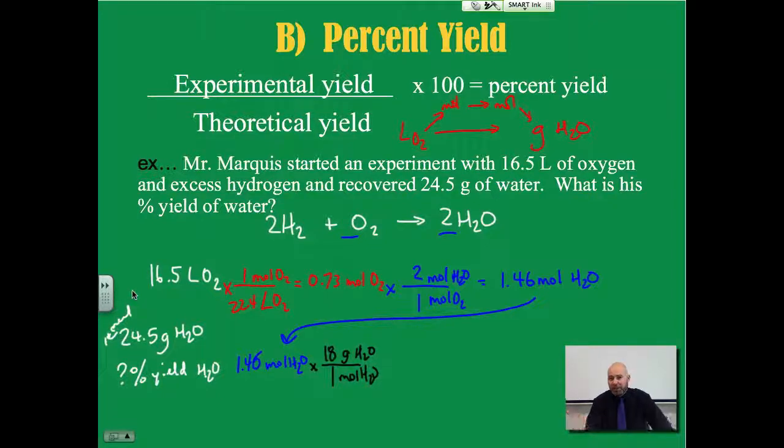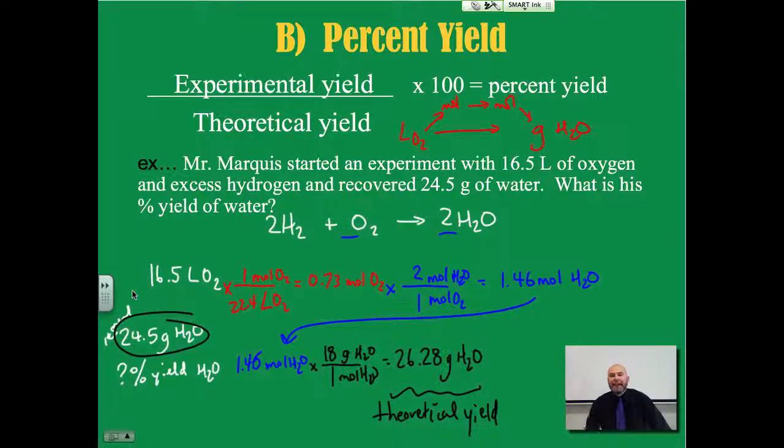I look on the periodic table for H2O, and when I multiply that, I get 26.28 grams of H2O. This number right here is my theoretical amount, or theoretical yield. That's what I'm supposed to get.